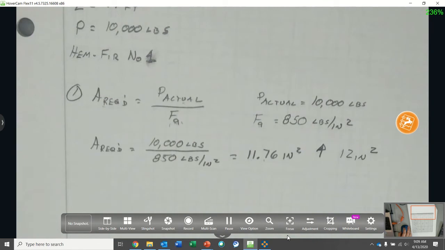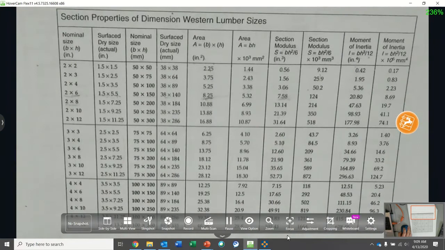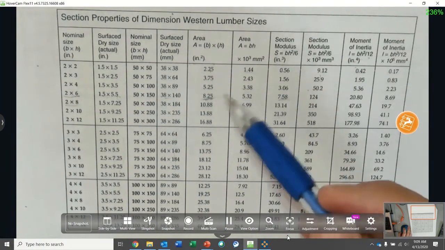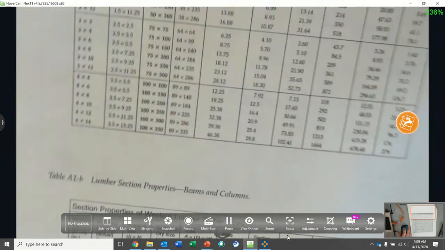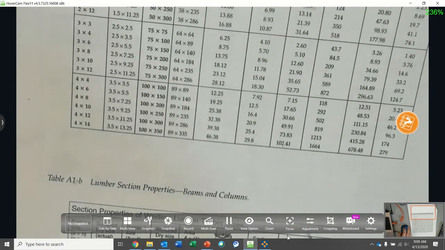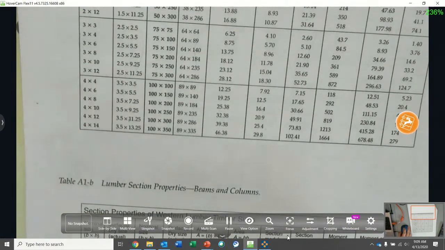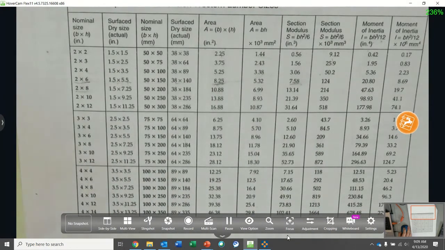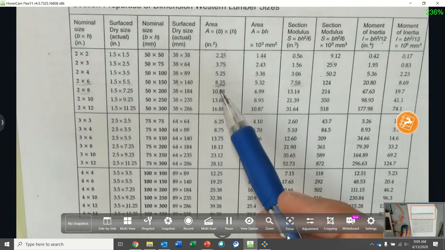So now I need 12 square inches of area. Before I continue with the design, before I figure out my column, because I don't want to select something that doesn't meet the Euler critical stress.